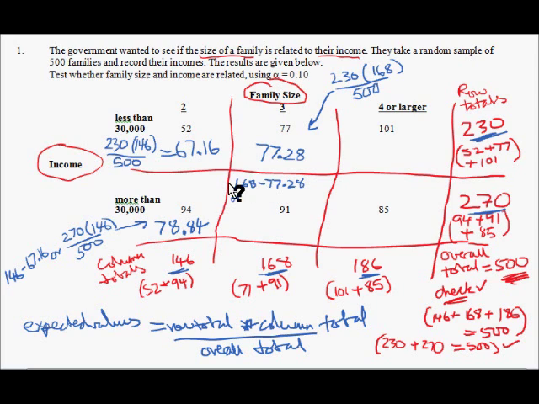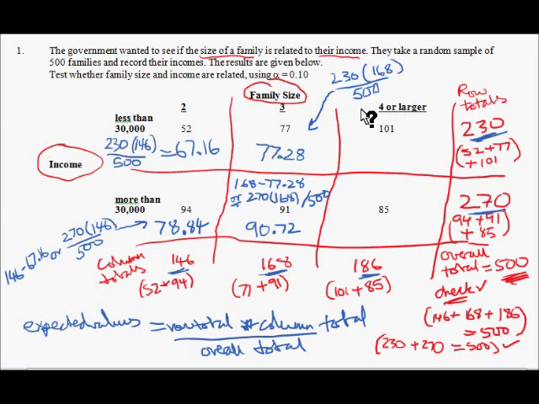Or I can take its row total, the 270, times its column total, now it's the second column, so it's 168, divided by 500. Either one should give me the same answer. Actually, it's even easier if you notice, since we've got two values, this is 77, this is 77.28, so if this is 91, it must be 91 minus the 0.28, or it should be 90.72. But you can do the calculation to make sure you get the same answer.